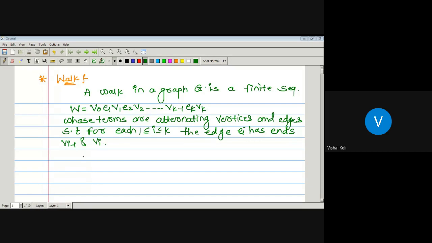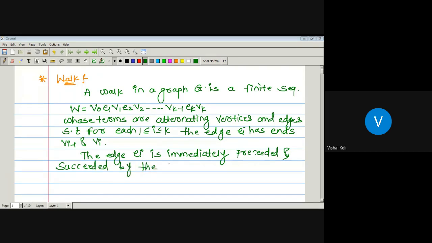Okay, so the edge Ei is immediately preceded and succeeded by the two vertices with which edge Ei is connected, that is, it is incident.